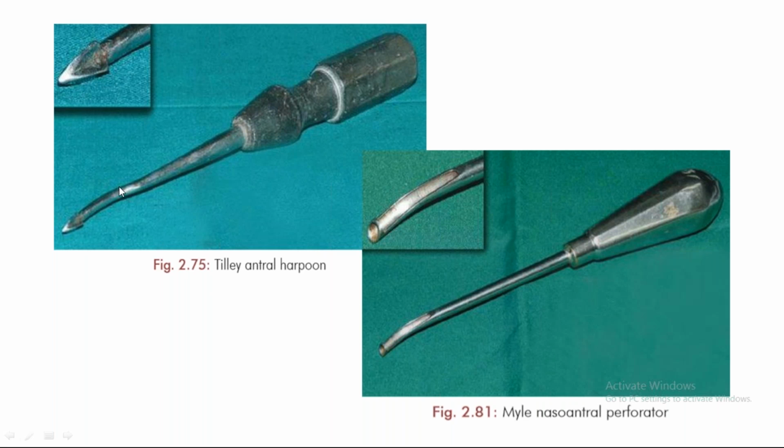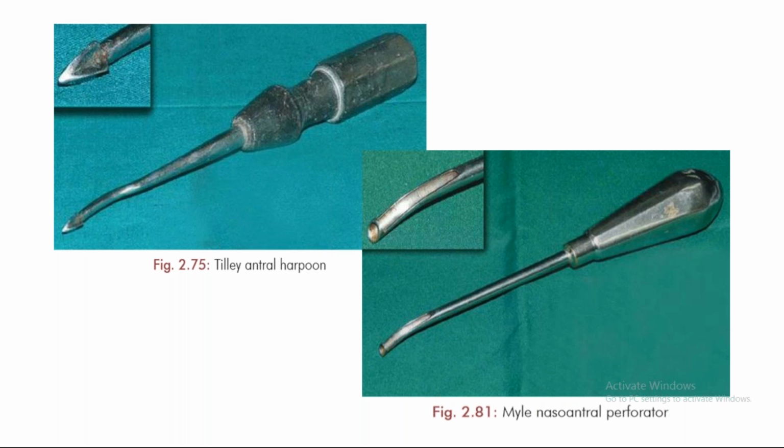And this is the Tilly's harpoon. You can see it is spear shaped, and when you puncture through this opening, the bone fragments are pushed into the maxillary sinus. But when you take this instrument out, the bone fragment again comes into the nasal cavity, which you can take out.